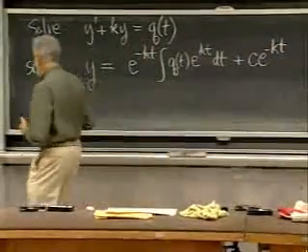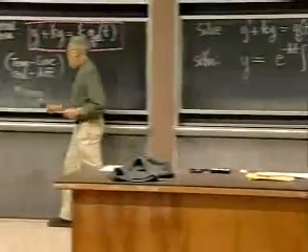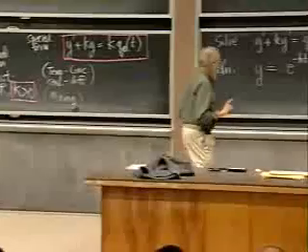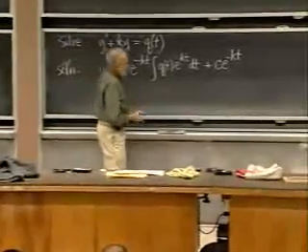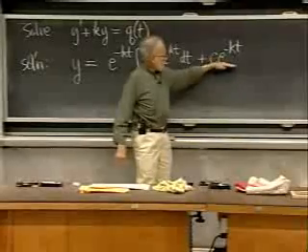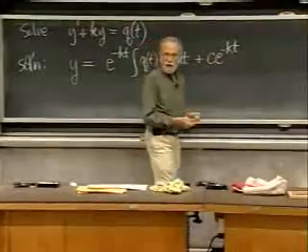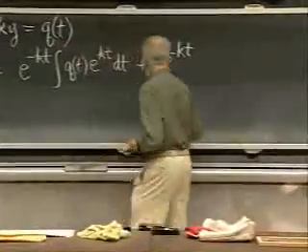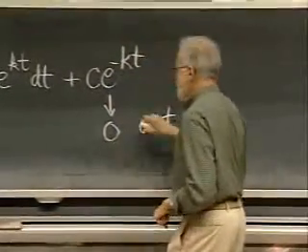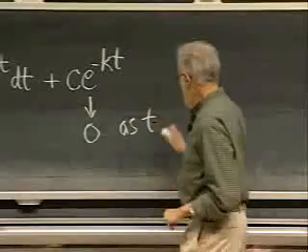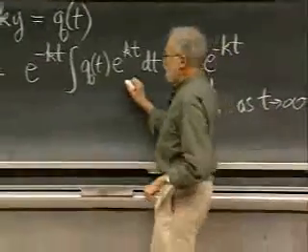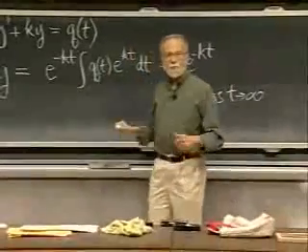Now, when you do this, and if k is positive, that's absolutely essential, only when that is so, then this term, as I told you a week or so ago, goes to 0 as t goes to infinity, and it doesn't matter what c is. This term stays some sort of function.